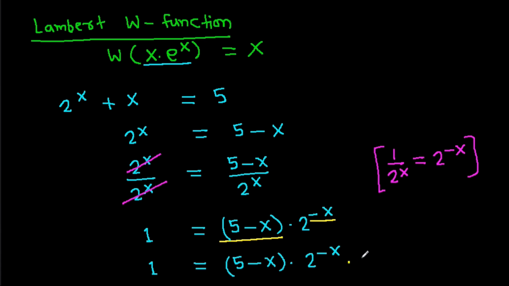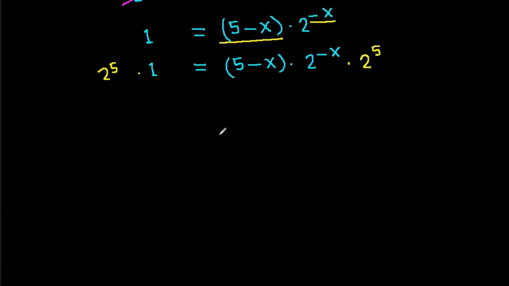Here we have minus x, and here we have 5 minus x. So if we multiply by 2^5 both sides, then 2^5 is equal to (5 minus x) times 2^(-x) times 2^5, which will be 2^(5-x). And now we need to convert these 2 into e.